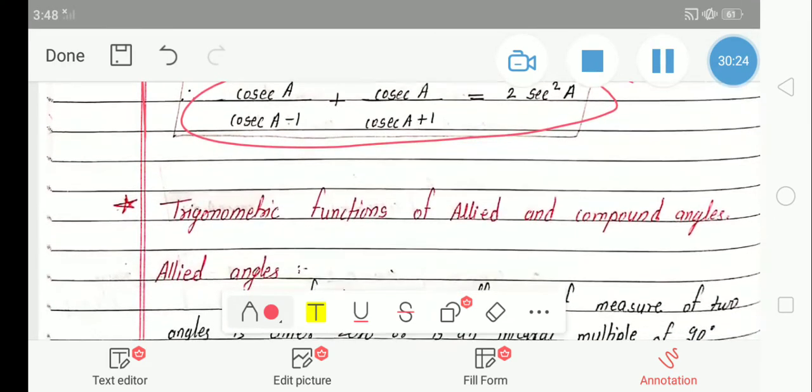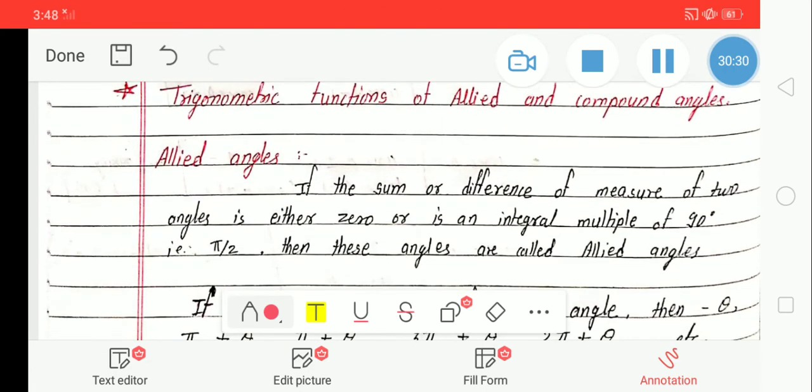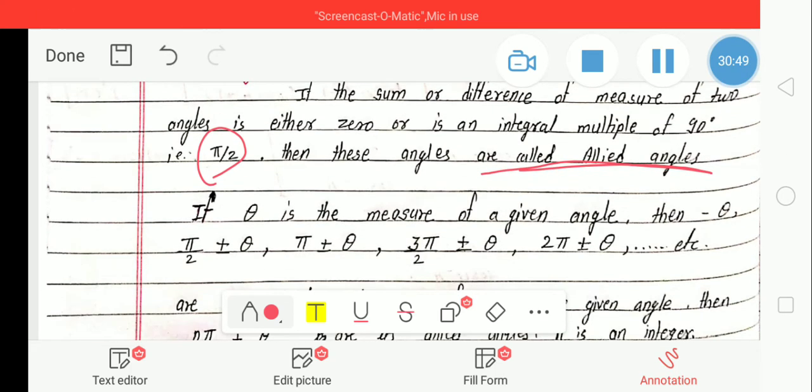Here trigonometric functions of allied and compound angles. In allied angles, if the sum or difference of the measures of two angles is either 0 or an integral multiple of 90 degrees, means pi by 2, then those angles are called allied angles.